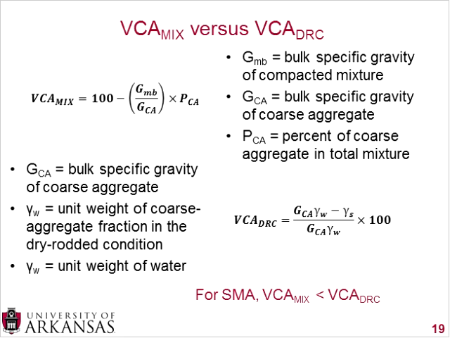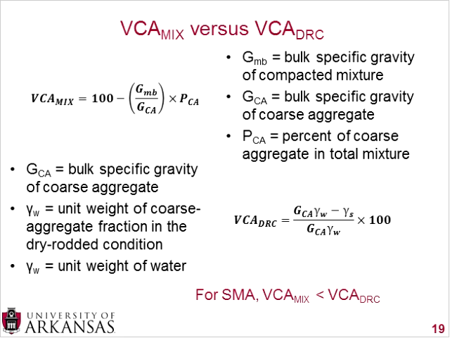The VCA for the DRC, or the dry rodded test, is the bulk specific gravity of the coarse aggregate times the unit weight of the coarse aggregate, and you subtract from that value the unit weight of water, and you divide it by the bulk specific gravity of the aggregate times the unit weight of the coarse aggregate fraction.